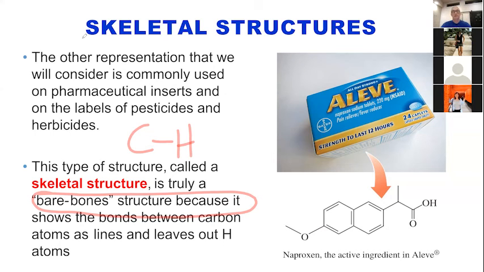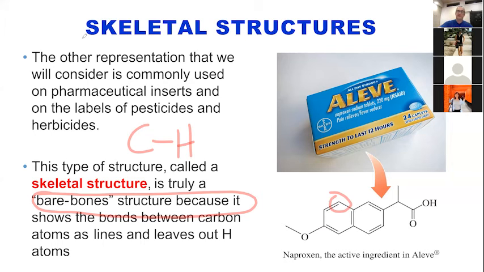They're assumed. So if we don't see a hydrogen there, like for instance, this carbon right here has 3 bonds, a double bond on one side and a single bond on the other, so we assume it's also bonded to a hydrogen. If it's bonded to something other than a hydrogen, we mark it.